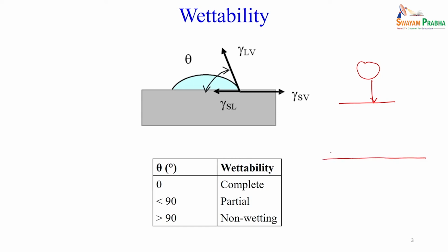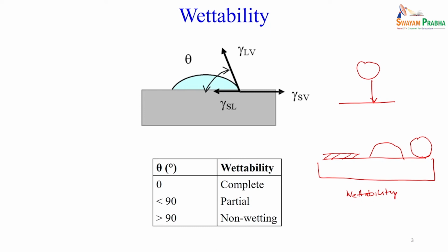One aspect may be that it forms a film, another aspect may be that it is partly wetting, and another aspect may be that it is completely non-wetting, forming a sphere on the surface. So, we can have these three aspects, and how we define this phenomenon is called wettability.